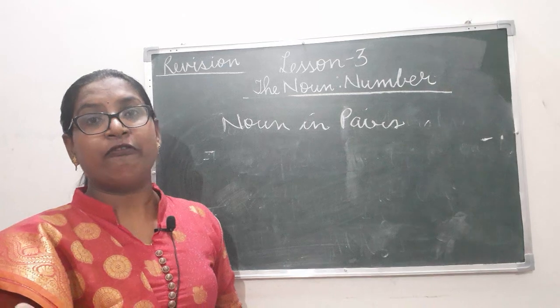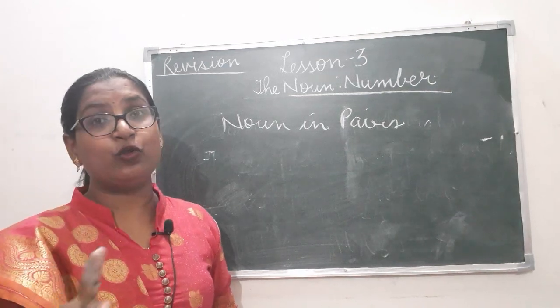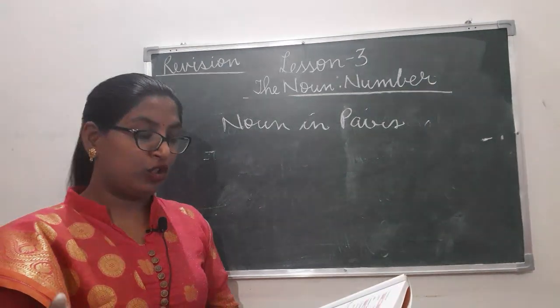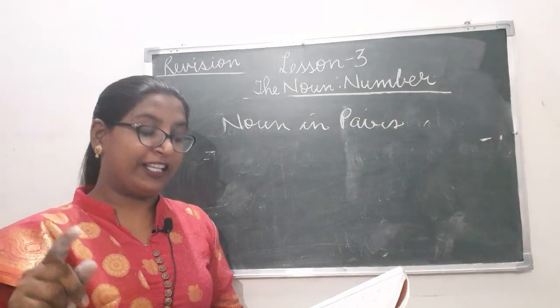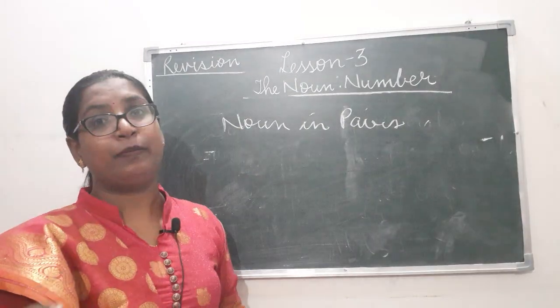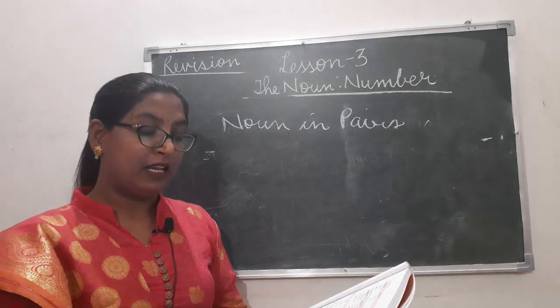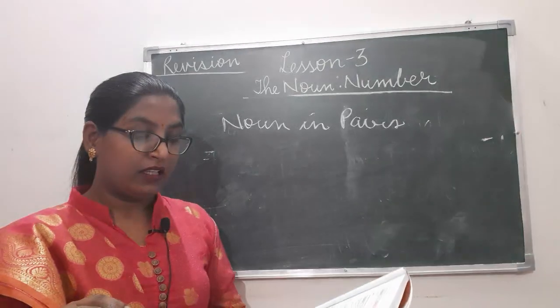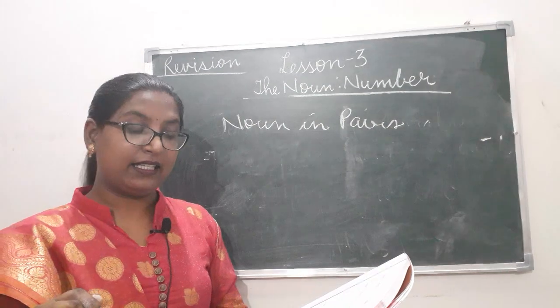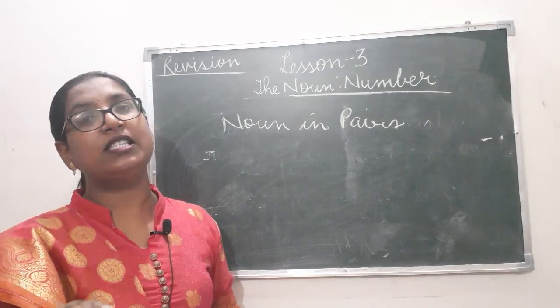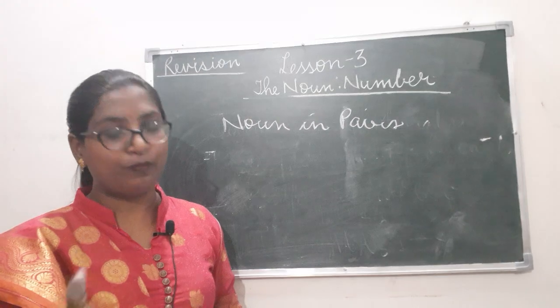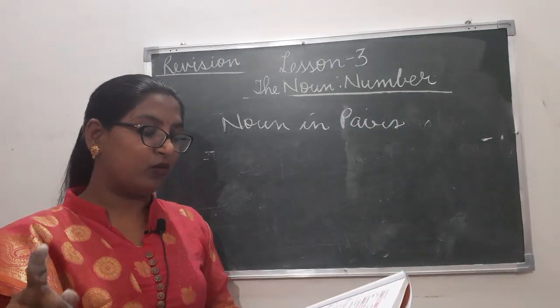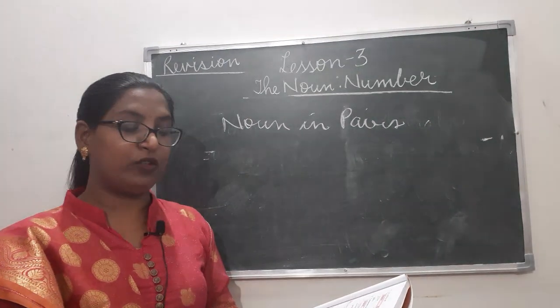Jeans which we wear, that is having two parts. So, for example, pajamas. Pajamas is having two parts. Pants, trousers, spectacles. Then glasses, scissors. All these things are having two parts. So, a pair noun is plural and takes a plural noun.